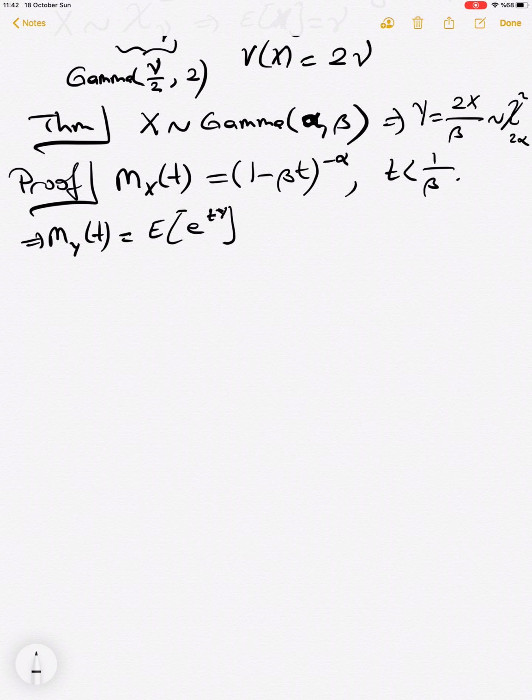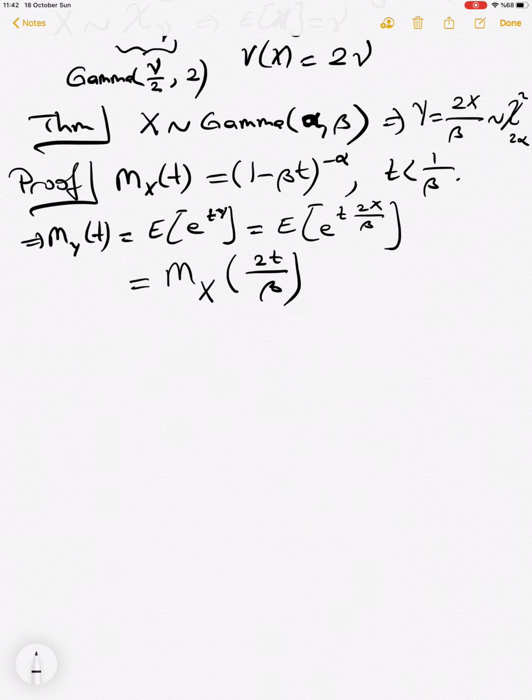So let's write it in terms of the definition of the moment generating function. Then let's replace Y by its form, which is 2X over beta. Now actually this is the moment generating function of X where t is replaced by 2t over beta.